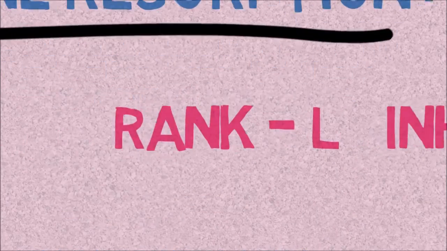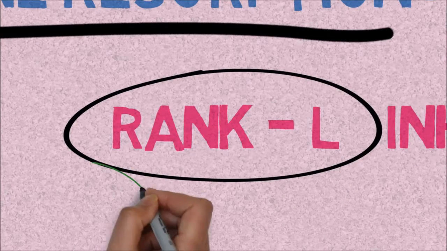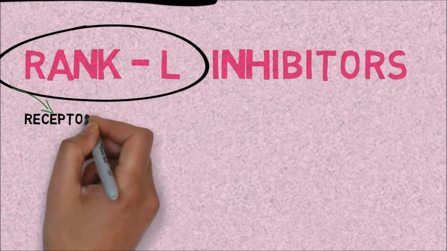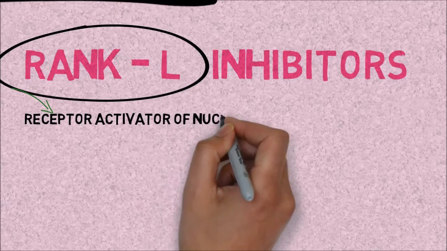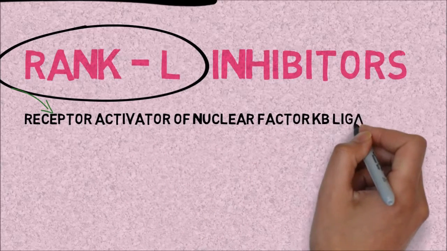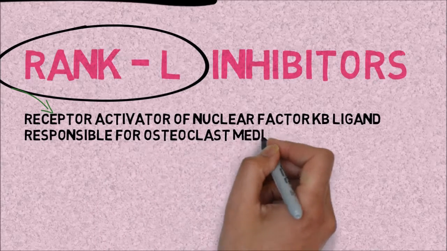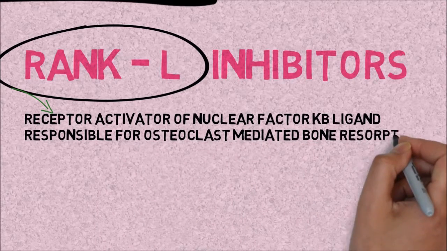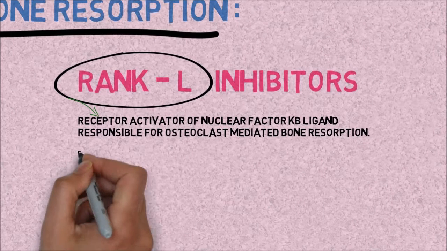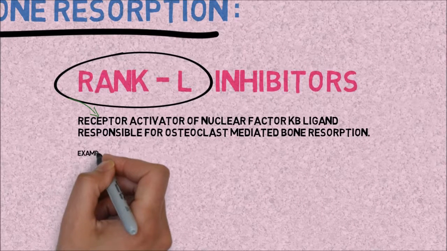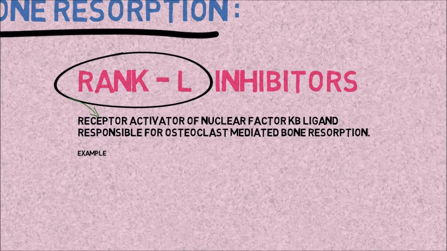The next category under drugs inhibiting resorption is RANKL inhibitor. RANKL is receptor activator of nuclear factor kappa B ligand, which is responsible for osteoclast mediated bone resorption. So if we inhibit RANKL, the osteoclast mediated resorption is reduced.